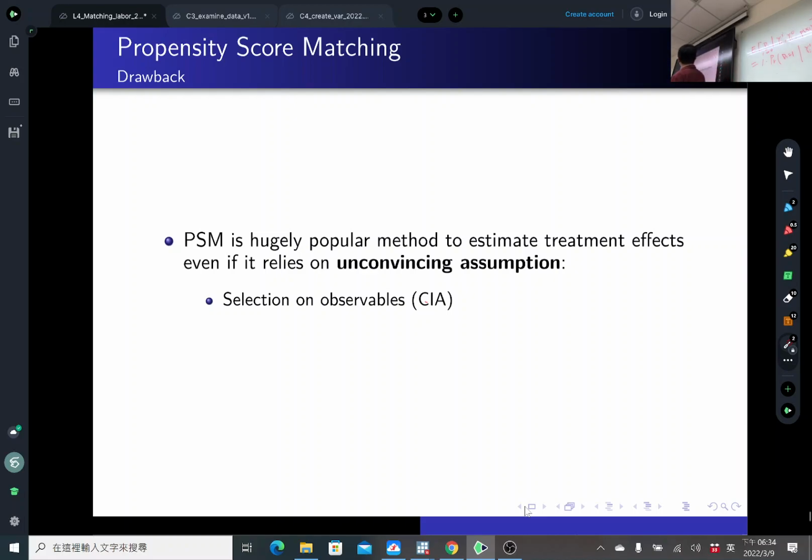So I would say this conditional independence assumption, you basically cannot verify, and it's also not very convincing. But you still can use it, you just need to know there are some limitations and assumptions made by this method. Okay. But after making this assumption, you can claim you get a causal effect. You just need to know what kind of assumption you made.